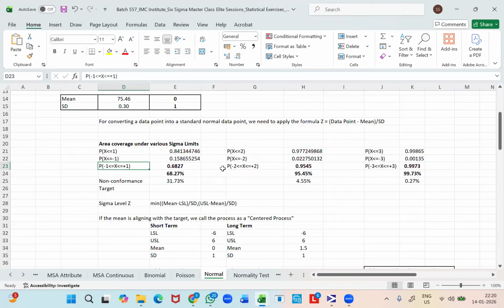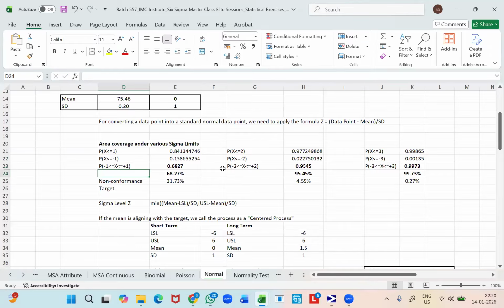In terms of probability notation, this is how we will write it, because we haven't seen this before. You are being introduced for the first time to the area between any two numbers. How will you write this in probability notation? Start with capital P, open bracket, -1 less than or equal to x less than or equal to +1.